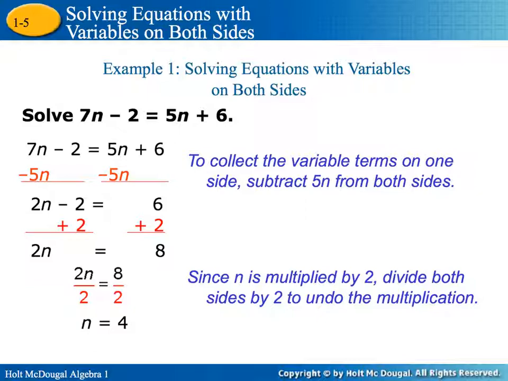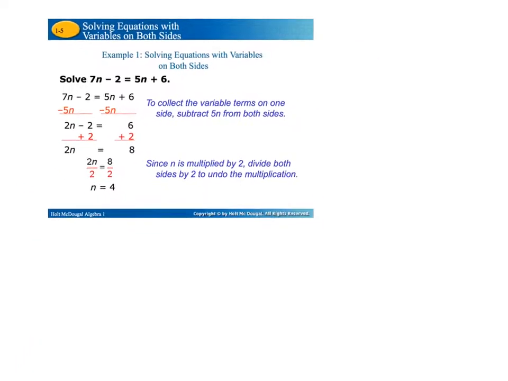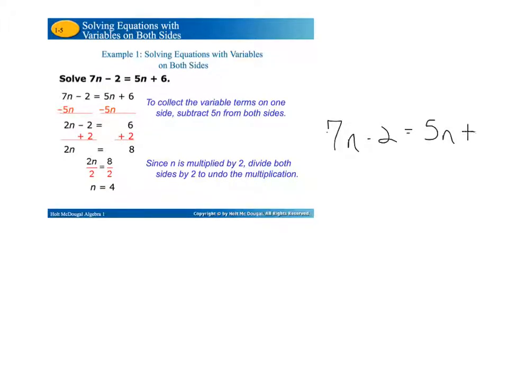All right, so here we go. Here is our first example. I'm going to rewrite it over here and write it from scratch. So I have 7n minus 2 is equal to 5n plus 6. Our goal here is to group the 7n and the 5n together.